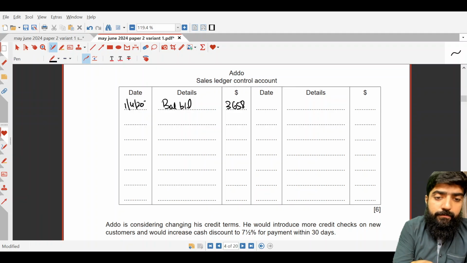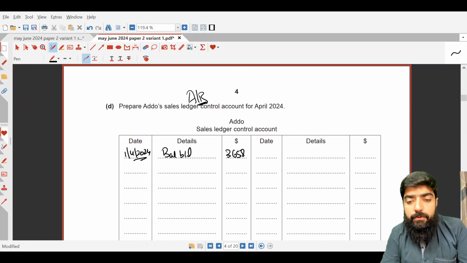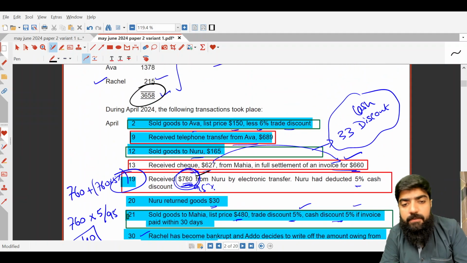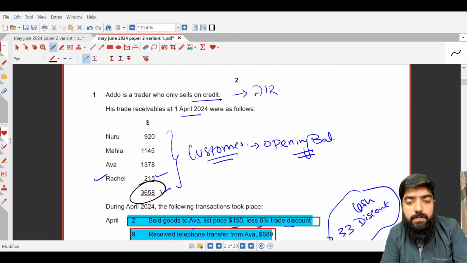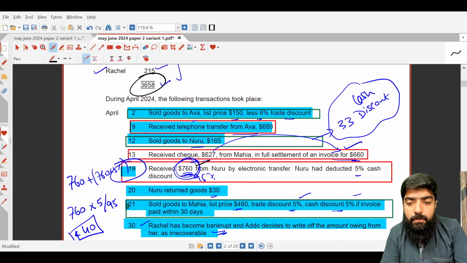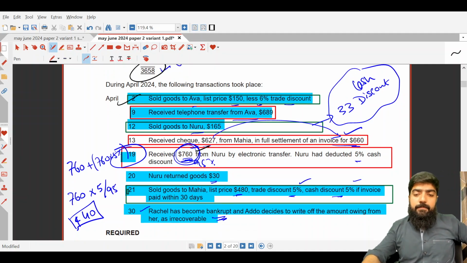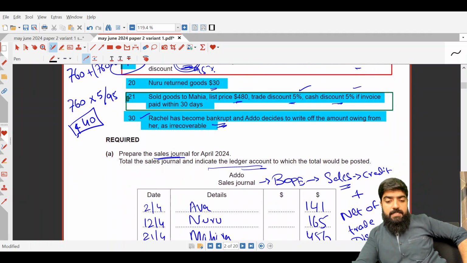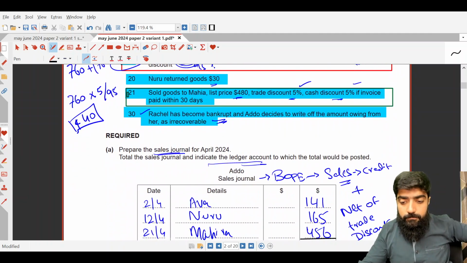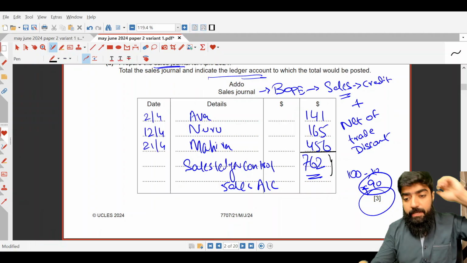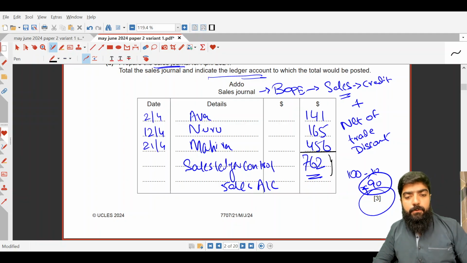And then now what we need to put are all the sales transactions, return and each and every transaction into the receivable control account. That is the sales ledger control account. So in the first transaction, that is 2nd of April. Wait, won't we just use the amount that we exactly calculated for the receivable one, that is 762, right?